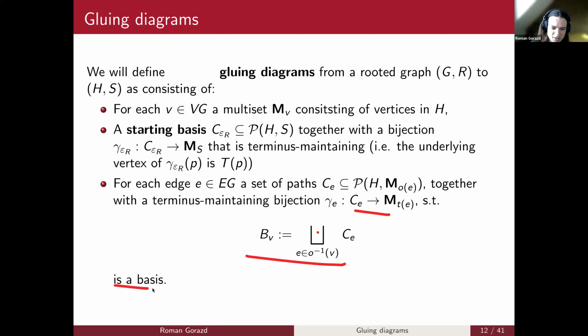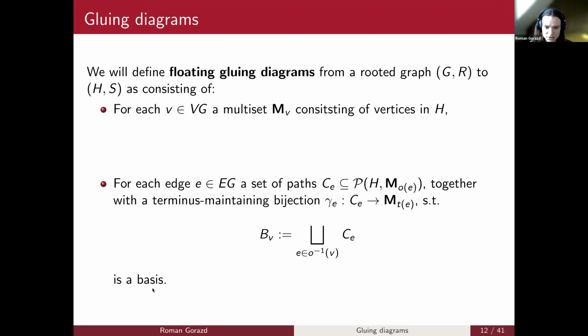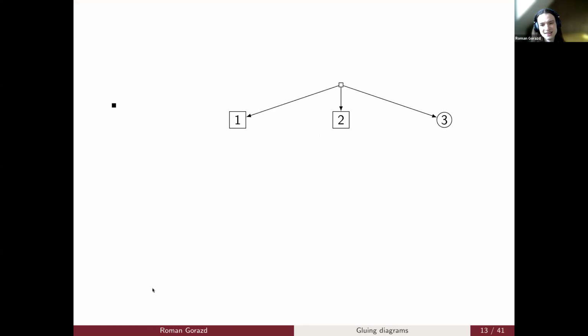Being independent is implied by this. And yeah, so this will be a gluing diagram. A floating gluing diagram will be the same thing, just we don't have the starting basis. So we don't have a basis to glue everything on, but it floats in midair.